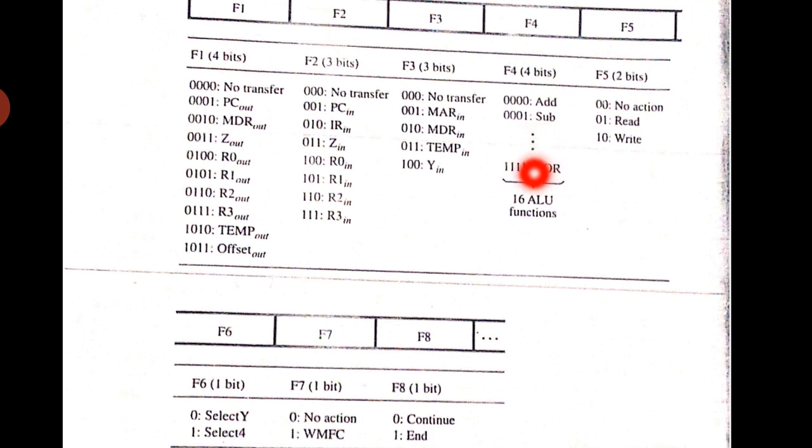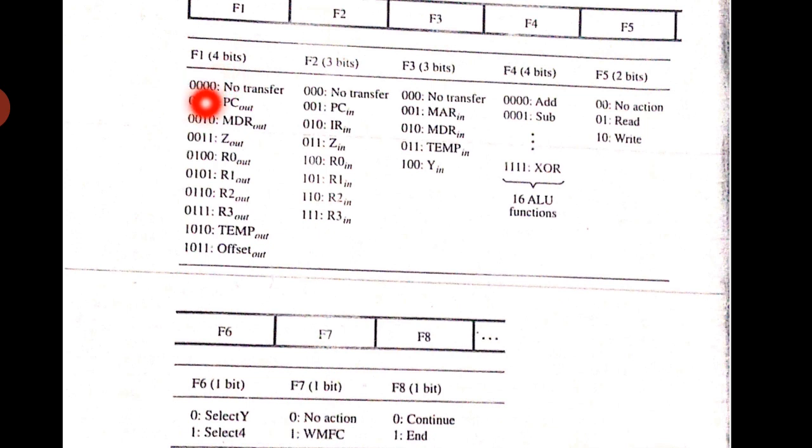Next, we have discussed output control signals: PC out, MDR out, Z out, then R0 out, R1, R2, R3, the total 4 register outputs, and the temporary register and offset. These output control signals come under the F1 group, and they are selected by using 4 bits.